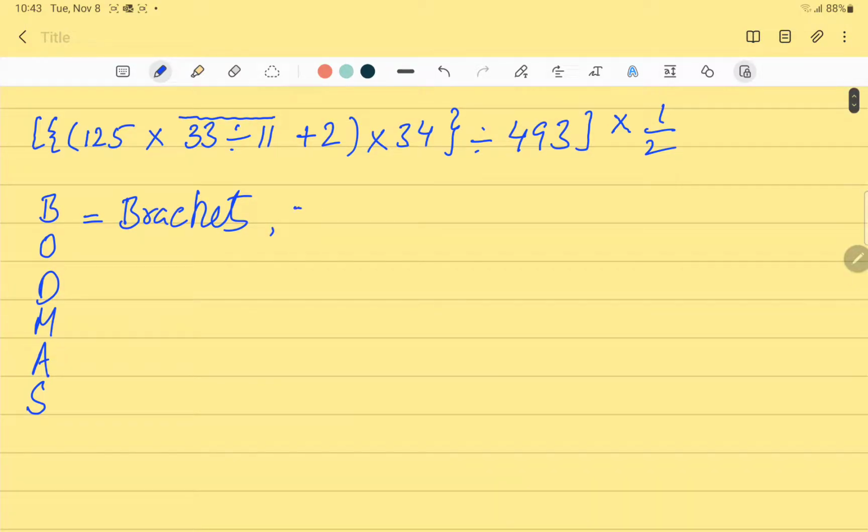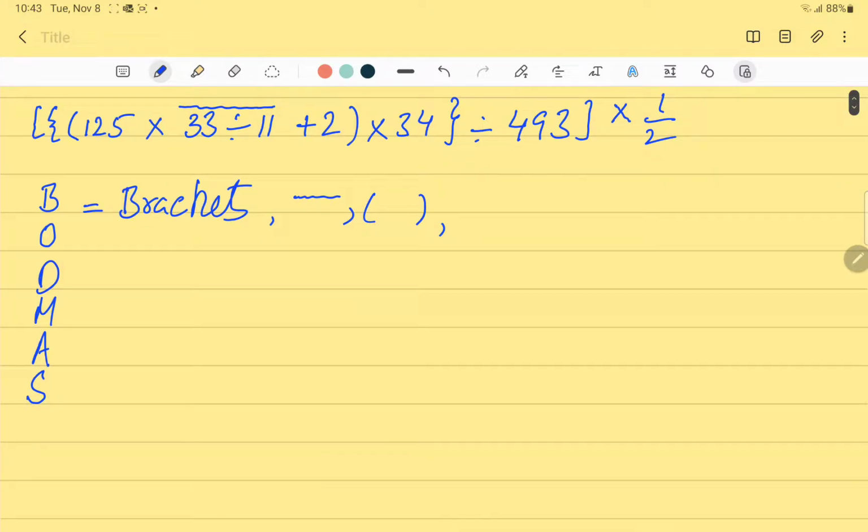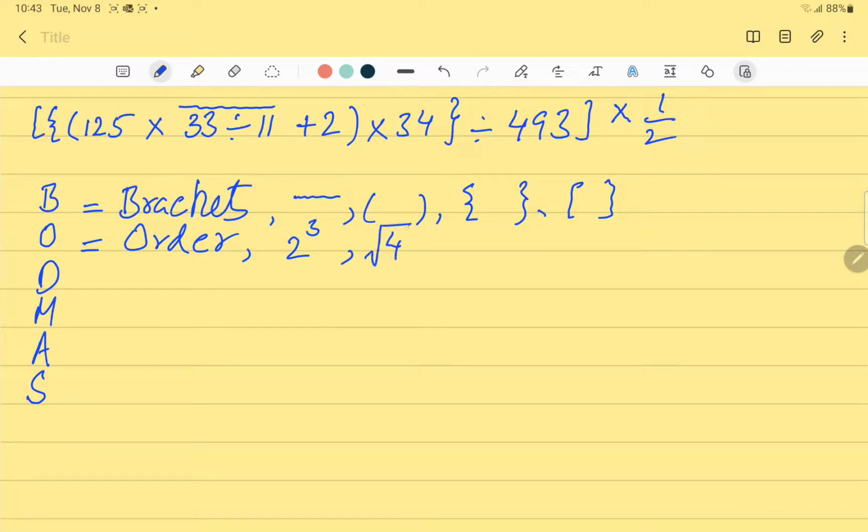There are 4 types of bracket: line bracket, small bracket, curly bracket, and square bracket. O stands for order, like square of some number or any power, square root, etc. D stands for division, M for multiplication, A for addition, and S for subtraction.